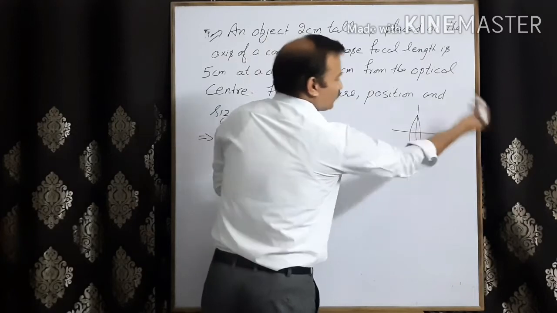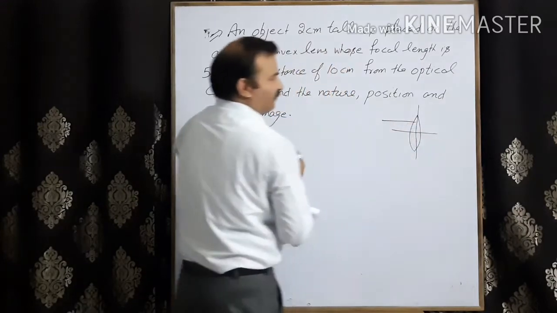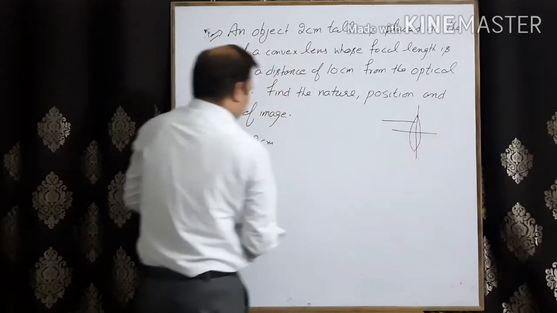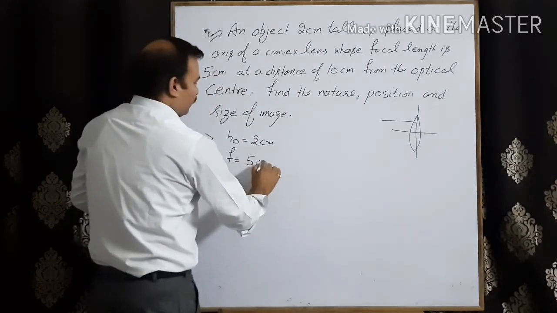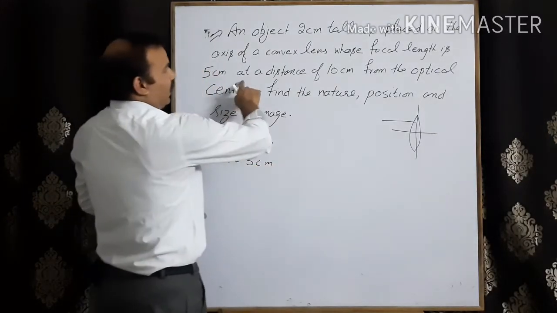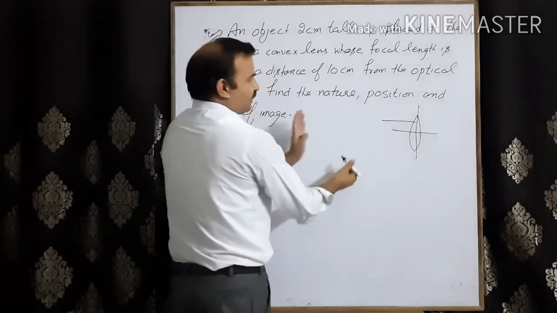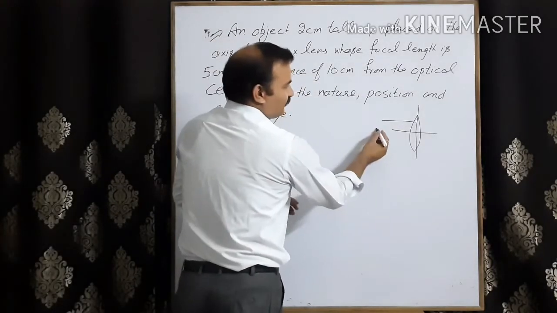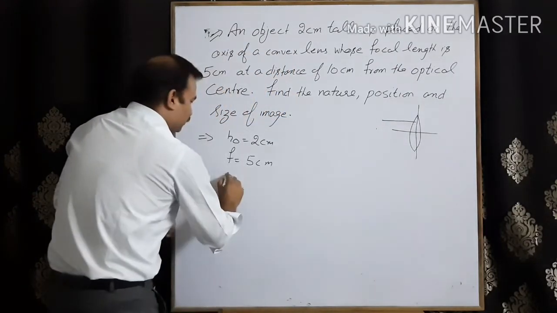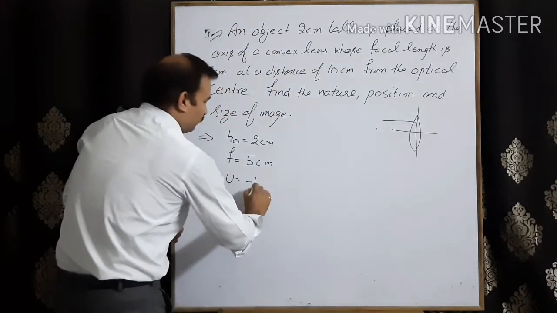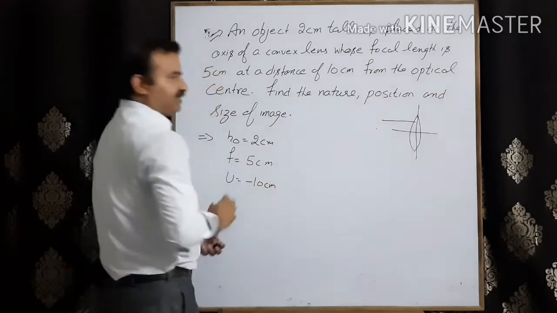The focal length is on the other side, so it is taken as 5 centimeter. The object is kept at a distance of 10 centimeter. If rays are coming from the left side, the object is somewhere on the left side, so u is equal to minus 10 centimeter.